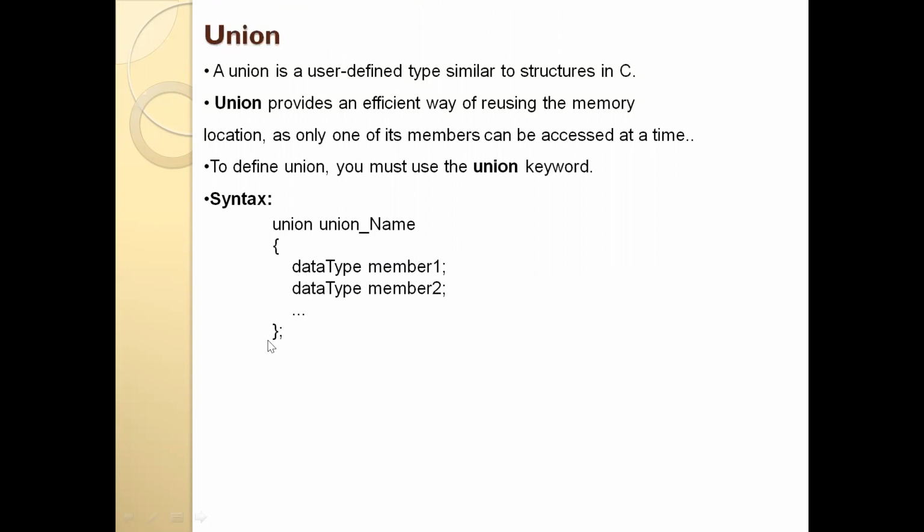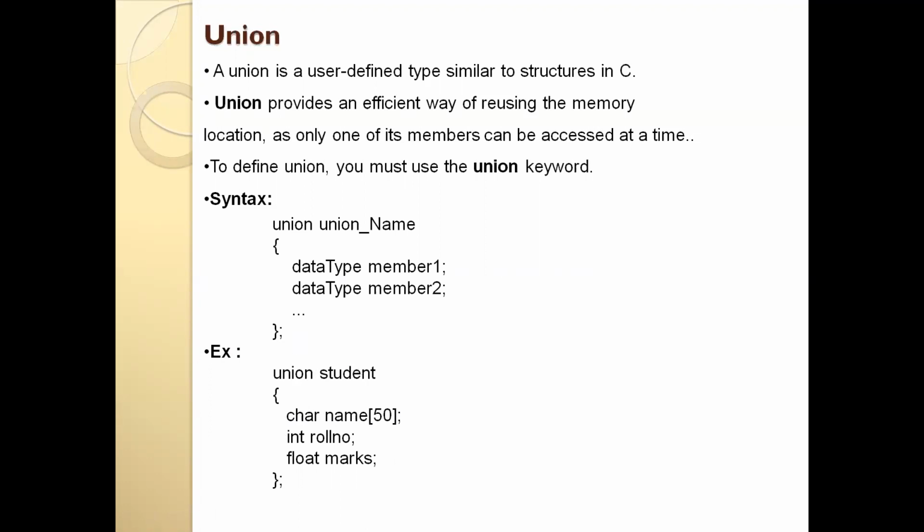After that, the union is closed with the curly braces and ends with a semicolon. In this example, I have written a union for student type. Every student contains name, roll number and marks. For storing the student information, I am creating one union. Observe that this union is ending with the semicolon.